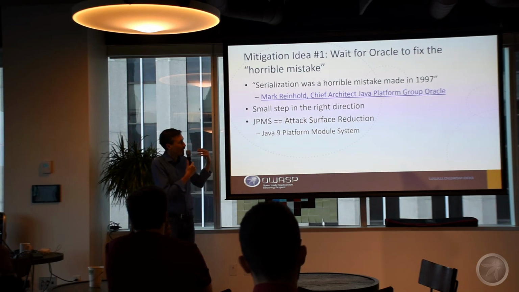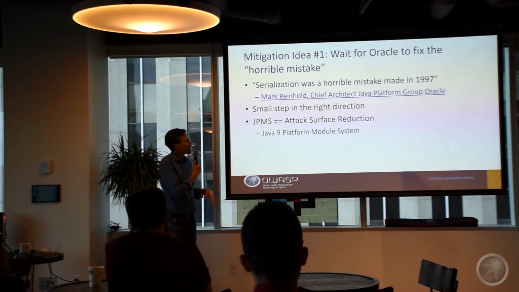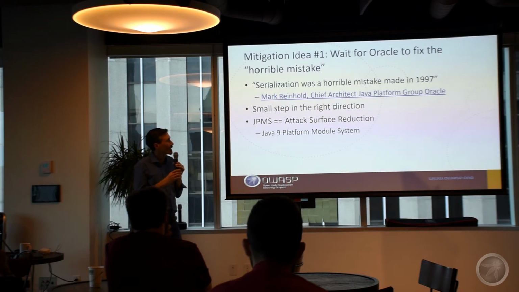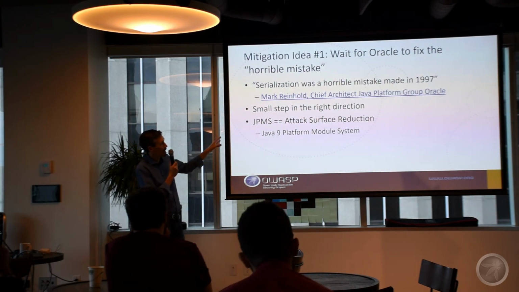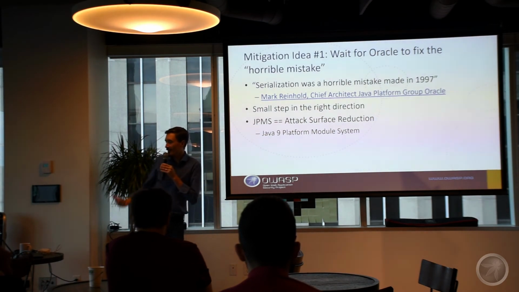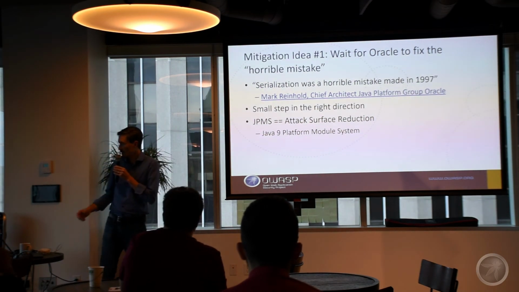It's the next step from what they did a few years back with the server JRE, when they removed applets from server deployments. This is the same idea, but you can really tailor it to what you need. But like I said, this is more of a long-term solution.